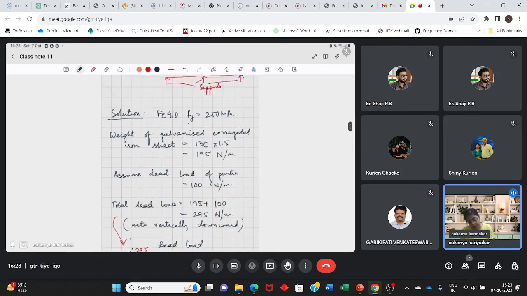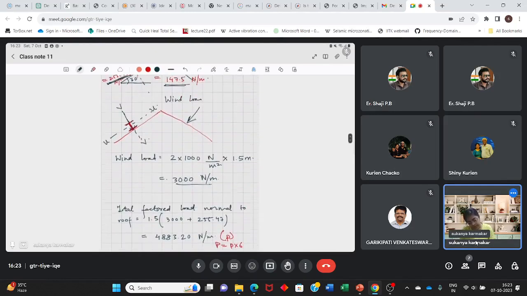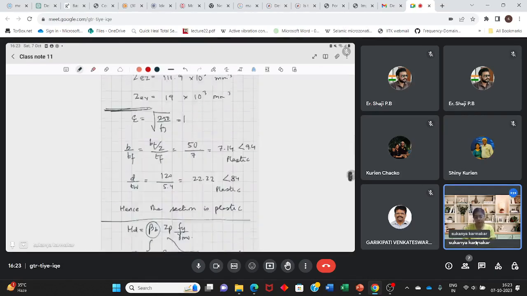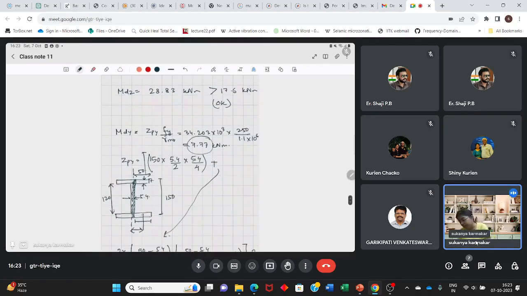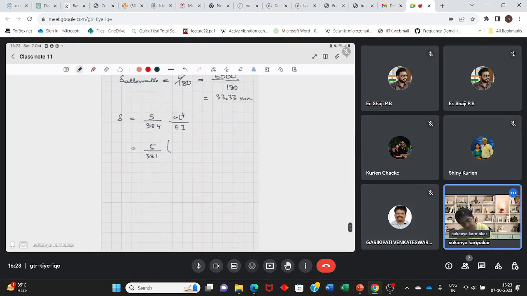So basically it will be this load, but without the factor, which is 3000 plus 250 by 3, around 3256.